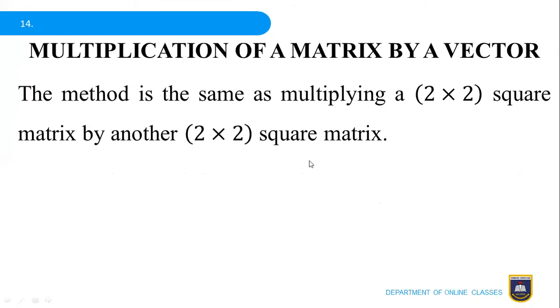The method is the same as multiplying a 2 by 2 square matrix by another 2 by 2 square matrix. Yes, that is true. So we go through the same method and we arrive at the solution. Write that quickly, please.